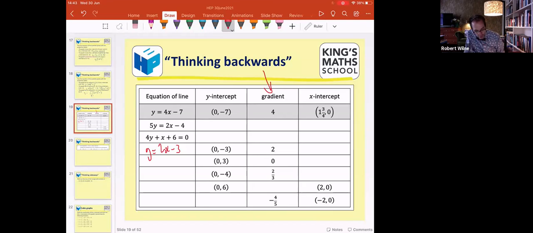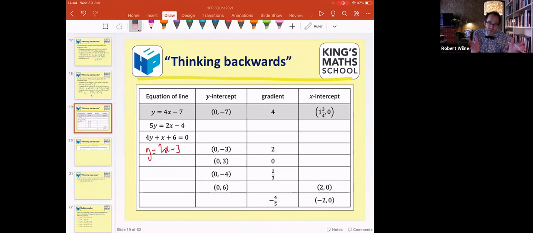I suppose I could have had an extra example on the bottom, but it can't be defined, and that would have been a bit of a giveaway. So be slightly careful that in giving values for the gradient, we are missing out something really important, which are the vertical lines, x equals 3, x equals -2, etc.